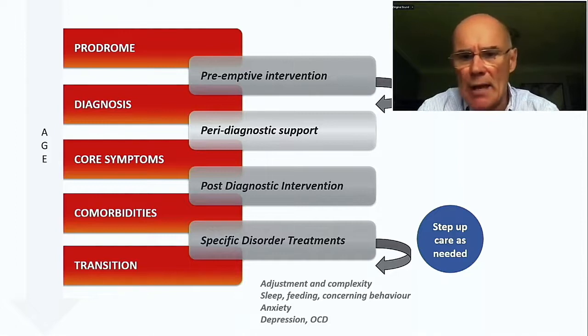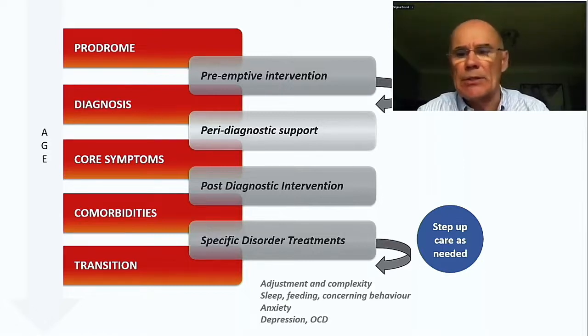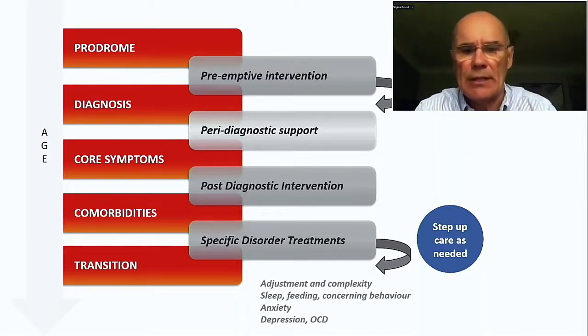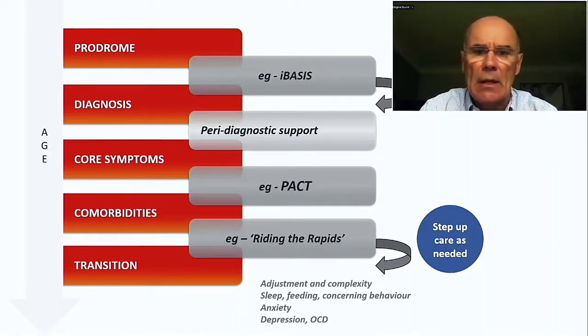And this is where we will need additional therapies as we come through to support and respond to these extra difficulties. So this is an integrated care response. And what we've got potentially in Manchester, as you'll hear about a bit later this morning, is an integrated system of this kind that can respond to the child's needs through development.